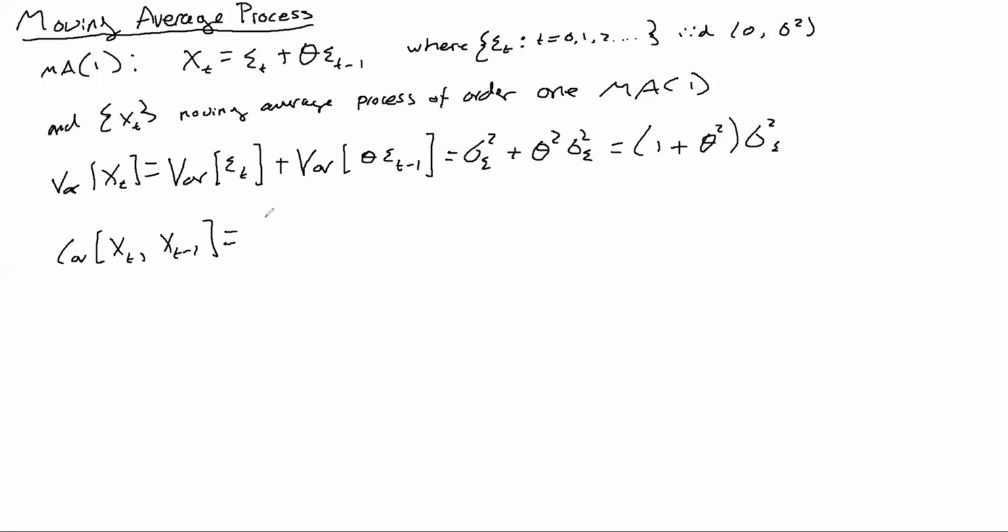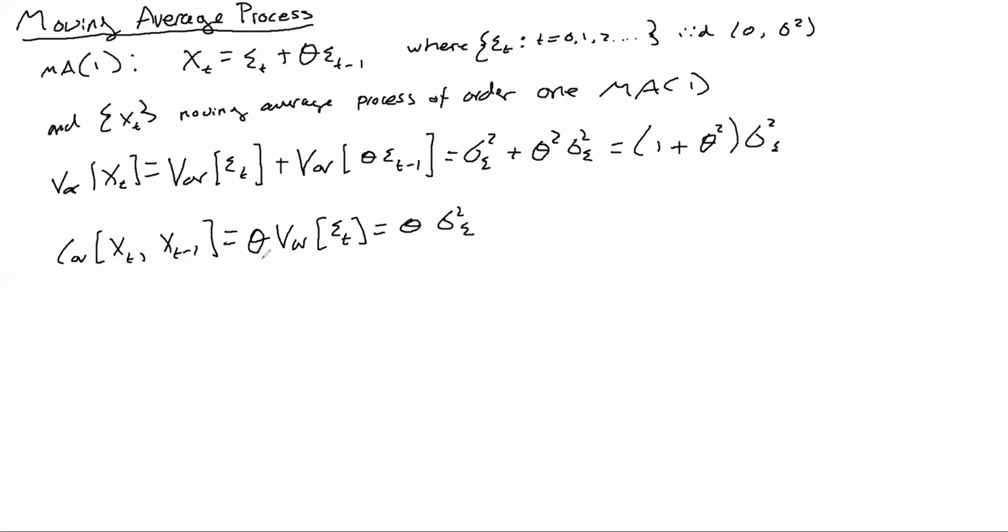We just get theta, our coefficient, multiplied by the variance of our error term, which would be equal to theta times sigma squared. So this is our covariance.